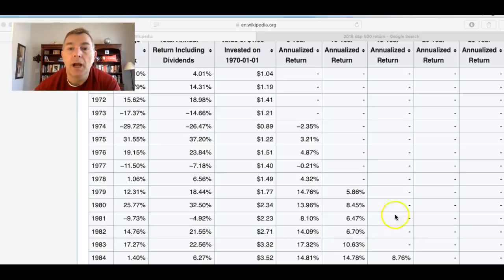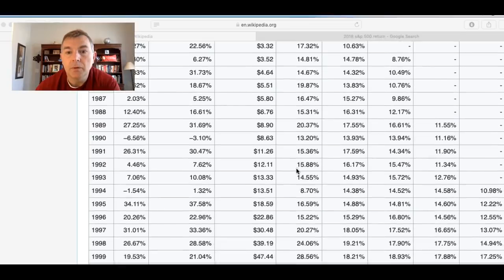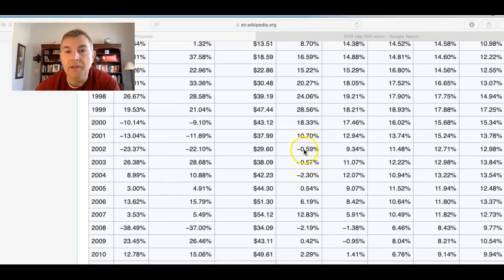Positive return. In fact, the negative ones, let's just look at any negative. This is annualized. We had one that's 0.21. We had one that's 0.57, one that's 0.59.